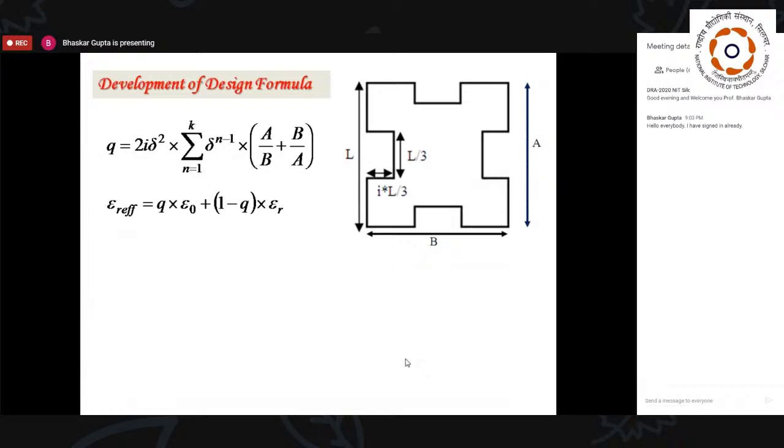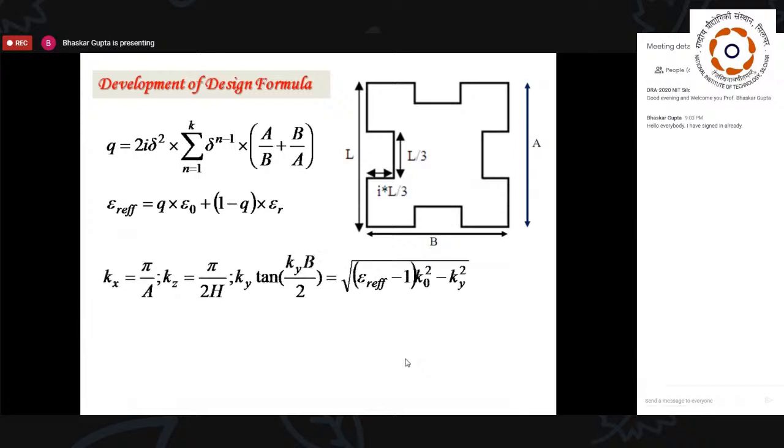Now how to calculate this Q? By using that formula which we have proposed. 2I delta square, I is the indentation factor and delta is shown here, into a summation n from 1 to k, k being the number of iterations, delta to the power n minus 1 into a by b plus b by a, the aspect ratio seen in one way and in another way.